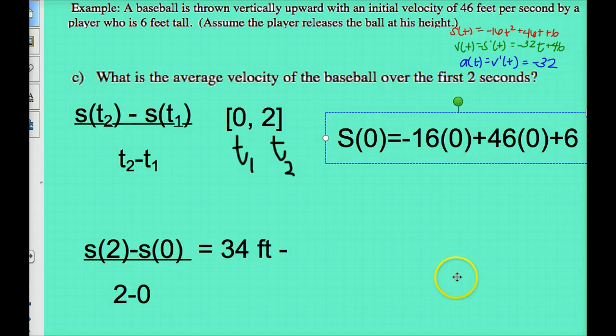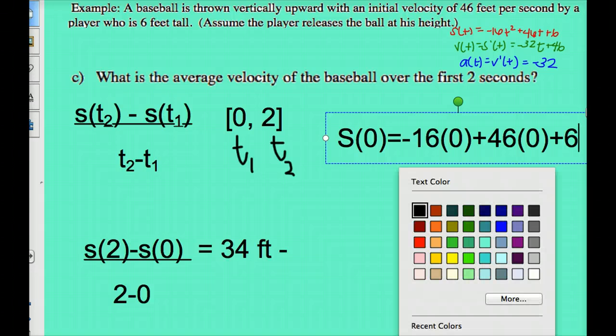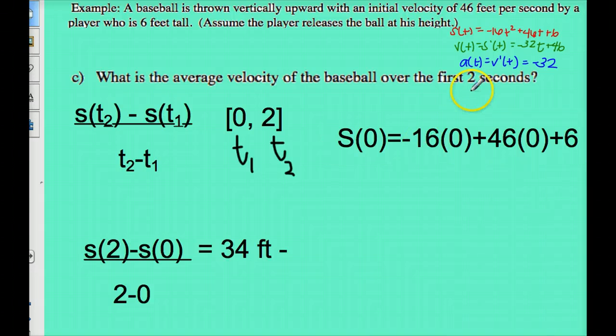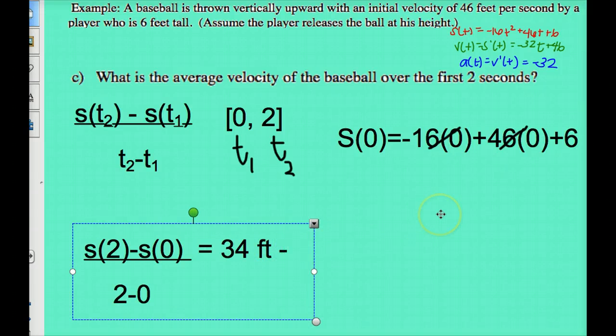If I take a look at this work, I notice that this cancels, and s of 0 is actually equal to 6. So I'm going to plug that in right here and say 6 feet.